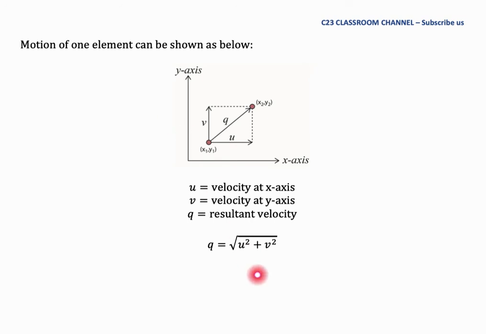So to calculate the resultant velocity, we could use the common trigonometry equation. So we have q equals the square root of u squared plus v squared, as shown here.